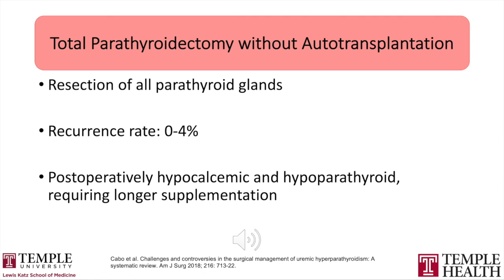The other issue is that this is not an operation if a patient is a transplant candidate, because if a patient gets transplanted, their kidney function will return to normal and their parathyroid glands should also then return to normal. So you don't want to remove all of the parathyroid gland tissue in a patient who might get a transplant. The recurrence rate following total parathyroidectomy is very low, and again, just like a total parathyroidectomy with autotransplantation, they are relatively hypocalcemic and hypoparathyroid afterwards.